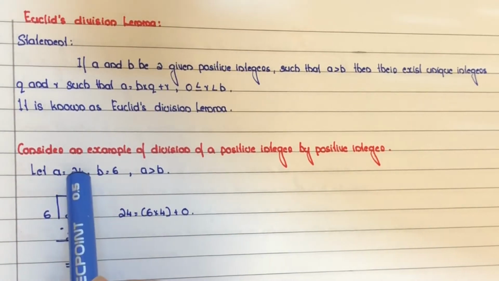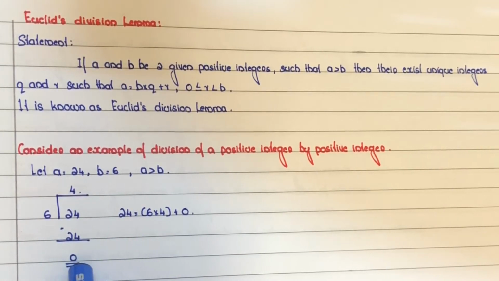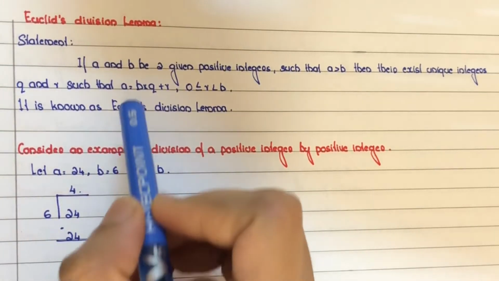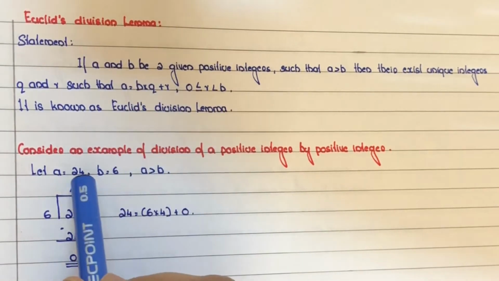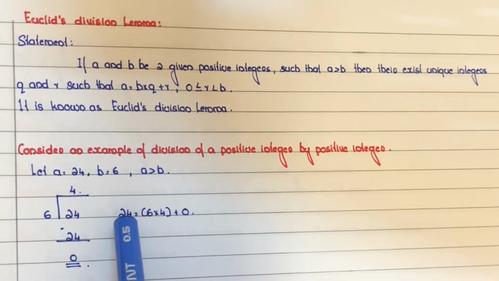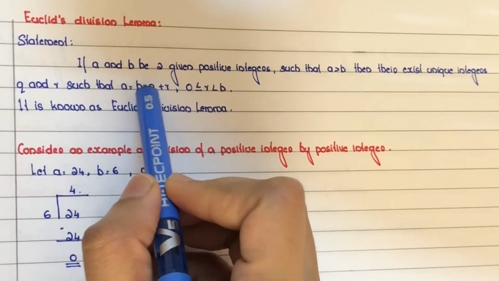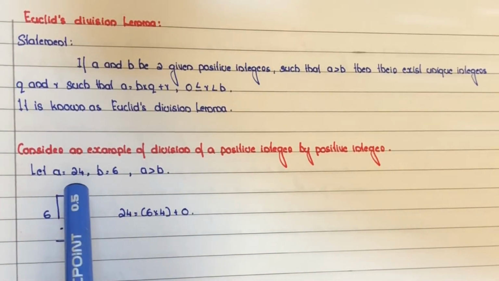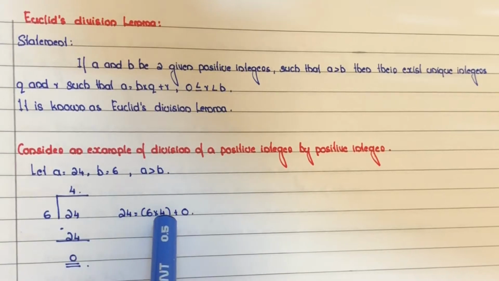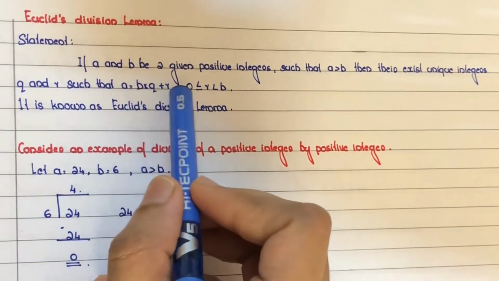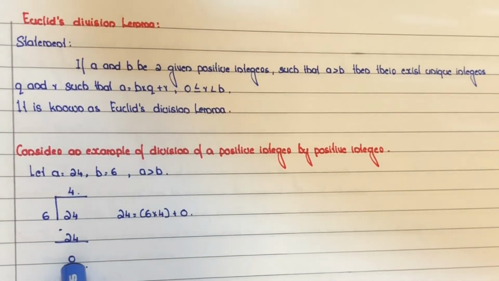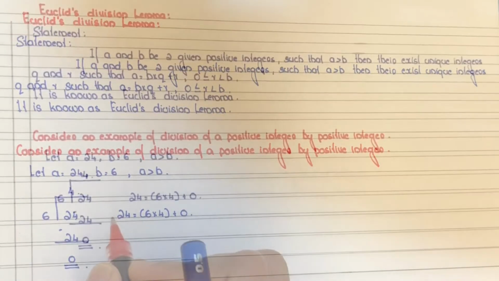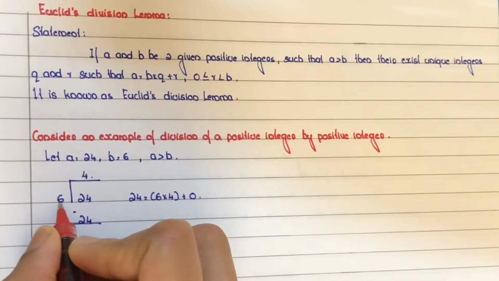When we divide 24 by 6, we will get quotient equal to 4 and remainder is equal to 0. So 24 is equal to b into q, b is 6, divisor, into q, quotient, 6 into 4 plus r, that is plus remainder, plus 0. Here b is equal to 6.